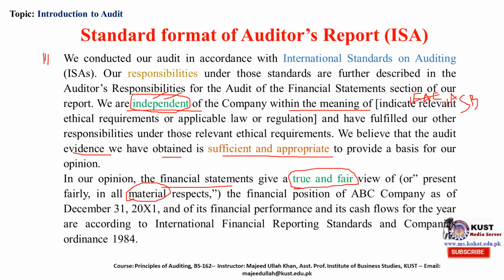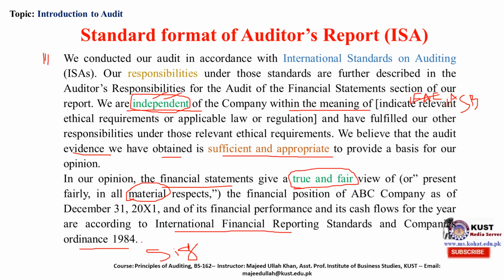The financial position of ABC company as of December 31st, its financial performance and its cash flows for the year are according to International Financial Reporting Standards and the Company Ordinance 1984. Then comes the signature of the auditor. In the Pakistani audit report, one paragraph is added stating that zakat was deducted according to the relevant legislation.